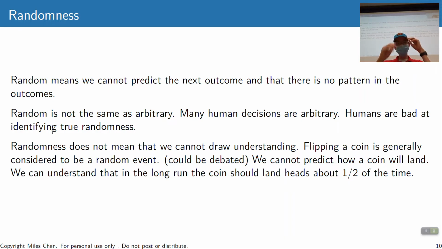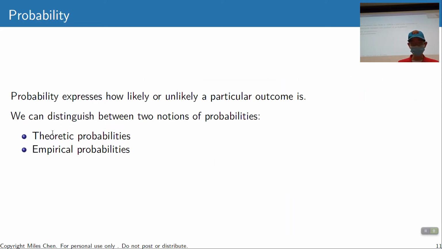I think for our day-to-day life, we just consider a coin flip to be a random thing, but there's kind of a question of, is it actually random, or is it the results of physics, and then is anything we do, I don't know, do we have choice over our words, or is it just the results of some physical process and stuff? Okay, but well, anyway, let's talk about probability.